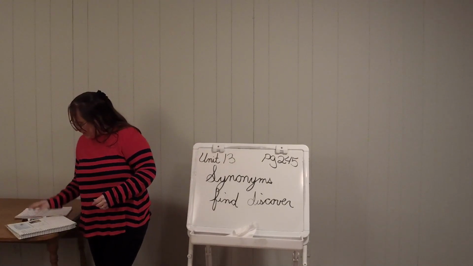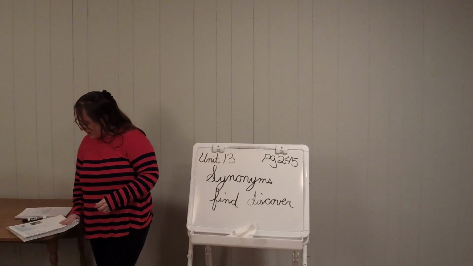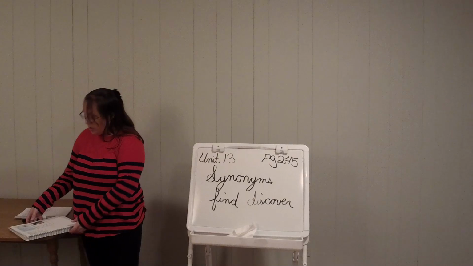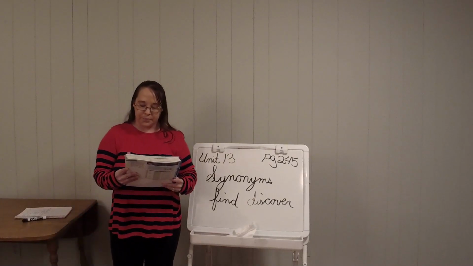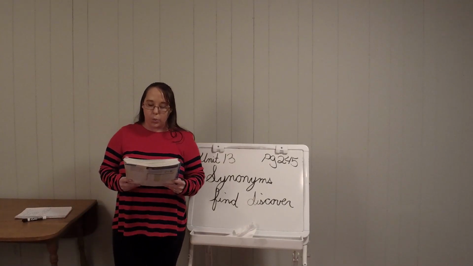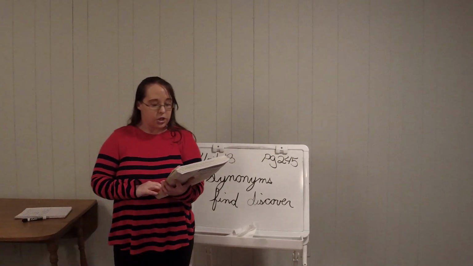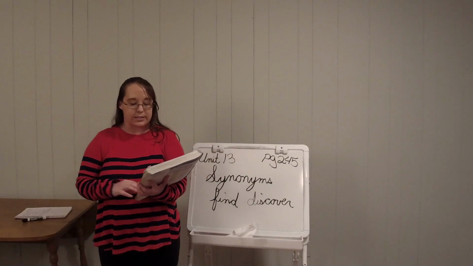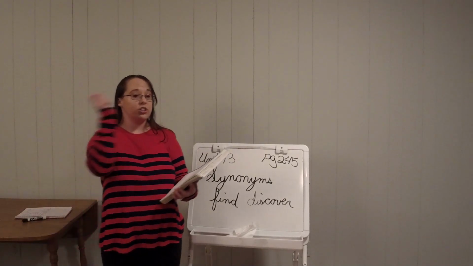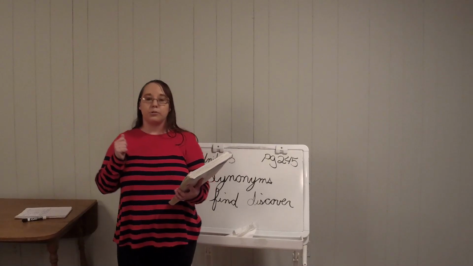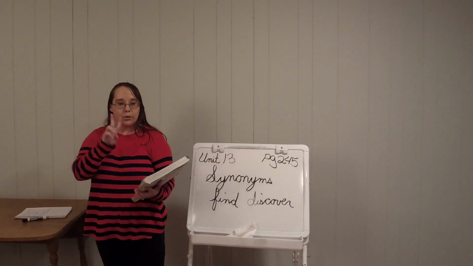If you look at your first exercise on page 245, in the Think part, it says there are several words that mean the same thing, and you should choose the word for your writing that is the most specific. You're going to circle the word that makes the most sense. Let's look at number 2.